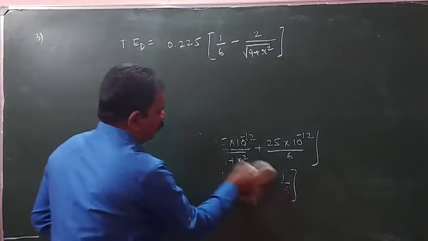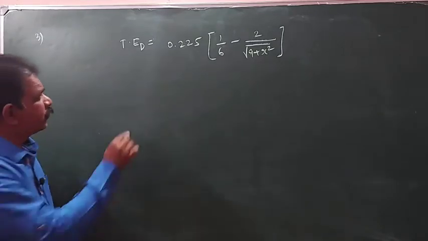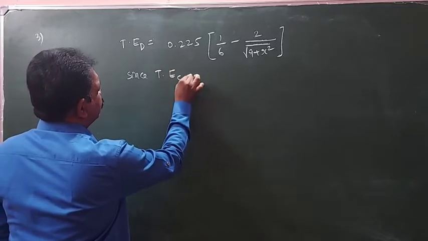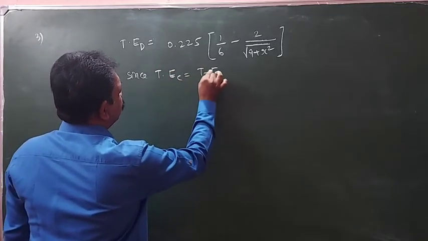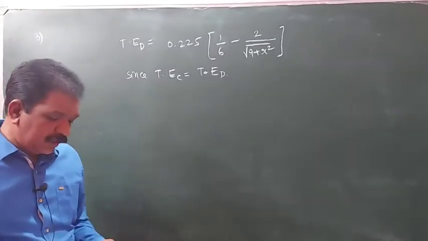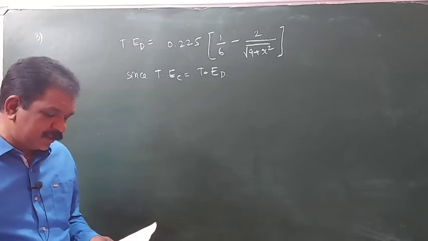So then what we will do, since total energy at C is equal to total energy at D, total energy at C value will be how much?